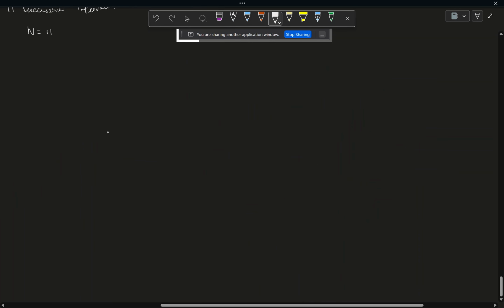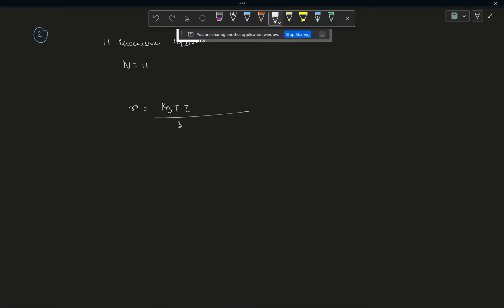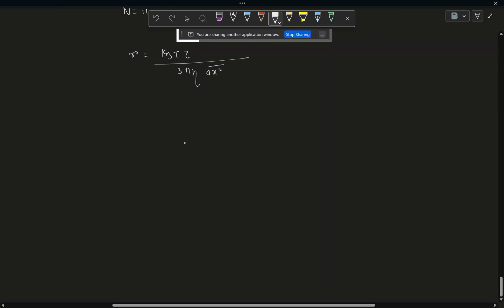So for the final answer, let us solve that much, that your R is simply kB T tau by 3 pi eta delta x squared average. Now because we are choosing to do it in CGS again, kB is 1.38 into 10 to the power minus 16, and the temperature is basically, I think it was 18 degrees centigrade, right?